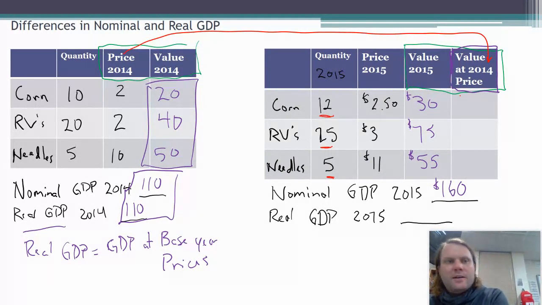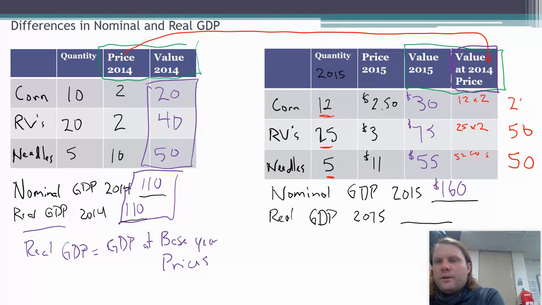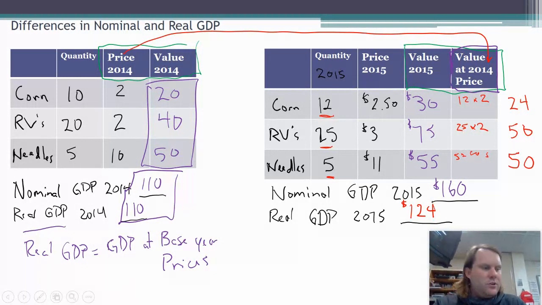We've got 12 times $2, 25 times $2, and 5 times $10 equals $50. I'm just going to put these over here to keep my writing straight. That gives us a real GDP of $124. So things are better than the previous year compared to 110, but they're not quite as good as what we might have initially thought.